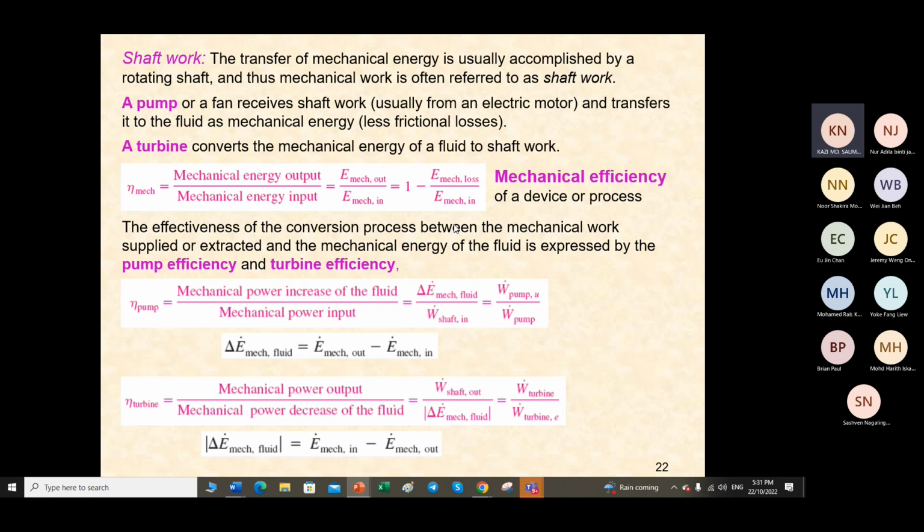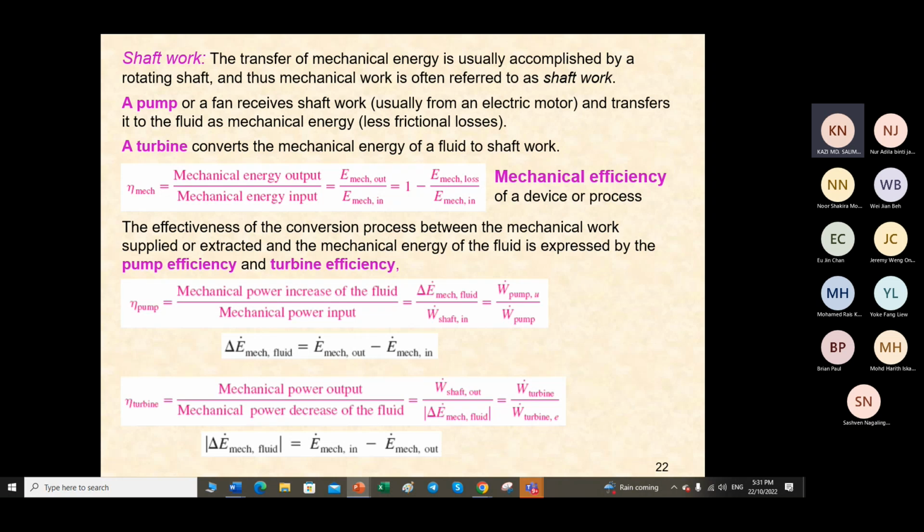Is that okay at this point? Because you see here that E mechanical out is E mechanical in minus losses, divided by mechanical in, so remaining 1 minus mechanical loss by mechanical in. So that is the thing there.